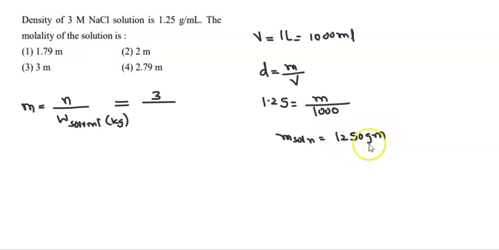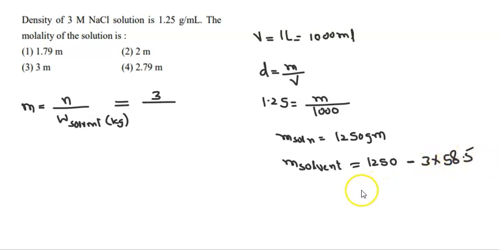1250 grams. But we require the mass of the solvent, which is equal to mass of the solution, 1250, minus mass of the solute, 3 moles, and the solute is NaCl whose gram molecular weight is 58.5. Then you can get the mass of the solvent as 1074.5.